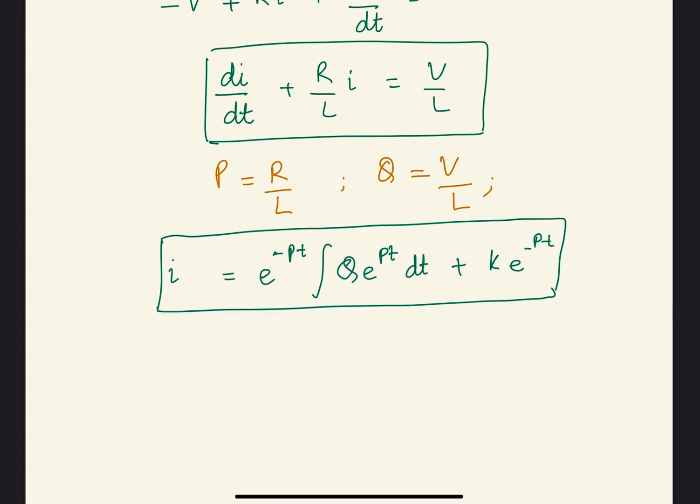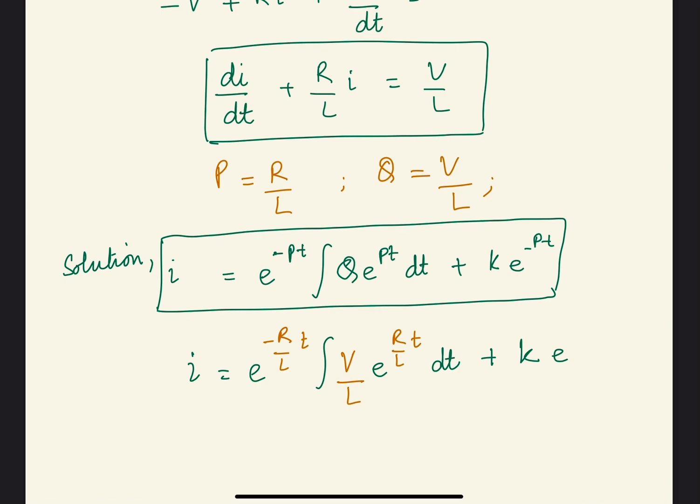Right, the solution for this kind of an equation is this. So if I put in the values, what can I say? i is equal to e to the power minus R by L t, integral of V by L e to the power R by L t dt, plus k times e to the power minus R by L t.